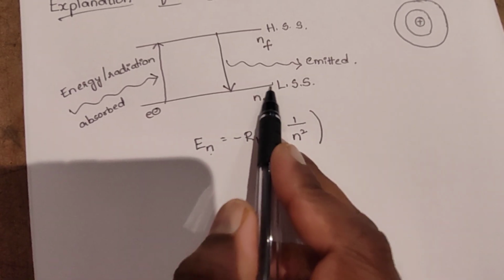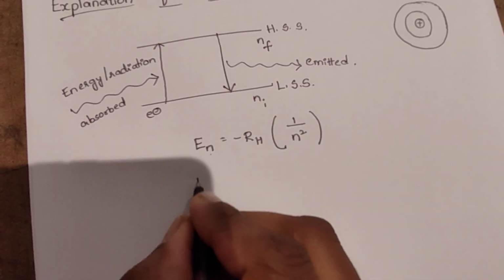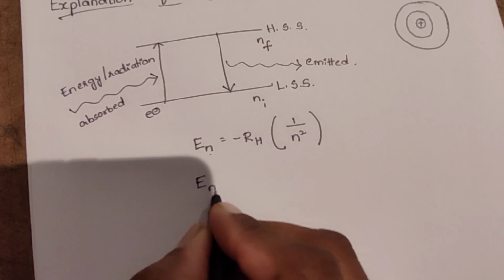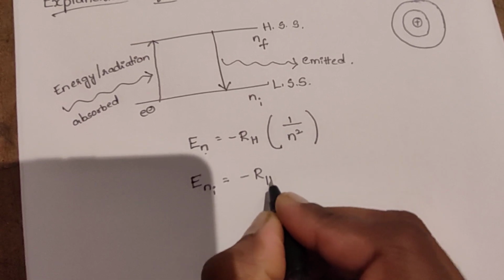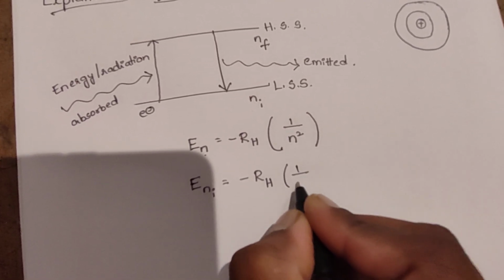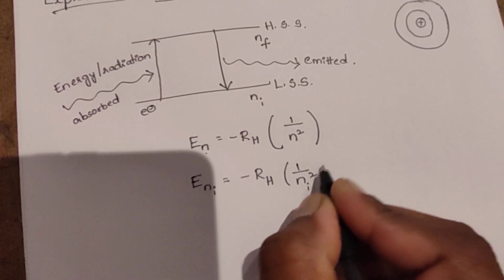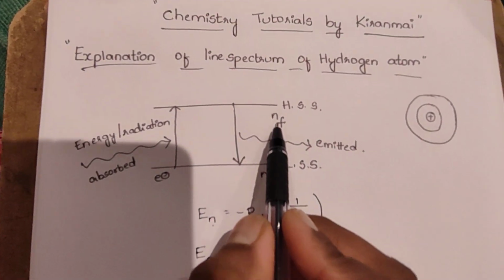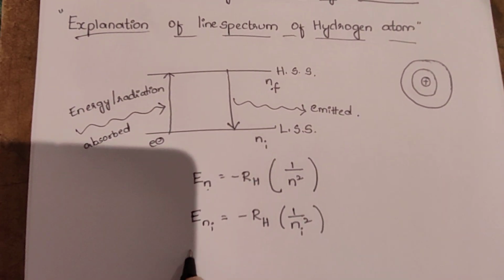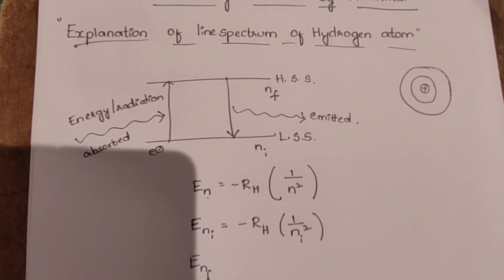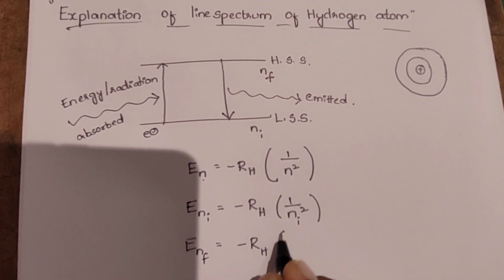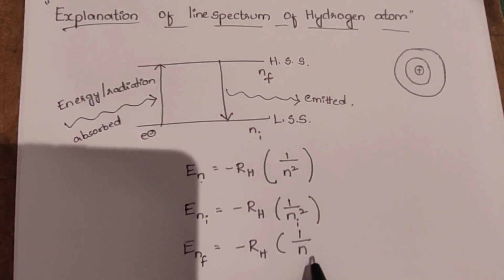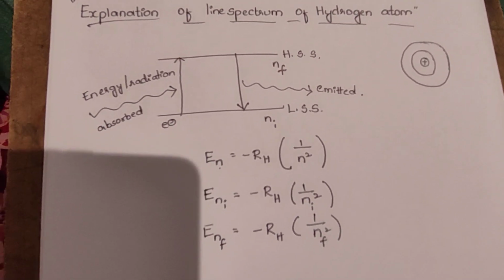If we take Ni orbit, its energy is Eni is equal to minus RH into 1 by Ni square. Similarly, the energy of this orbit, Enf, is equal to minus RH into 1 by Nf square.